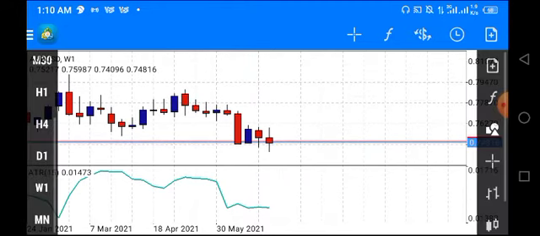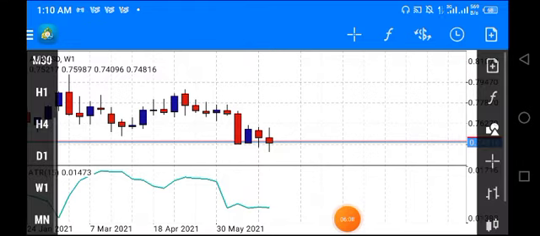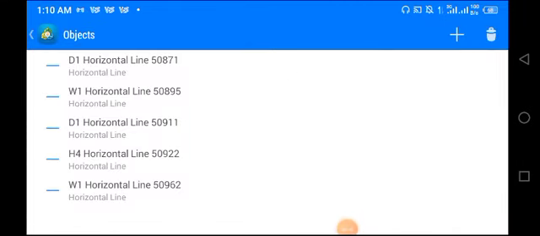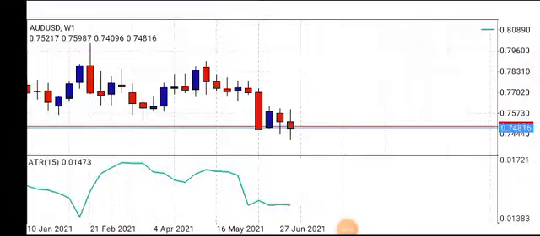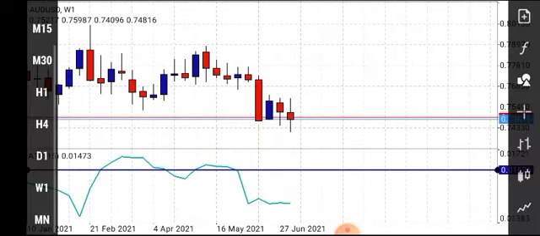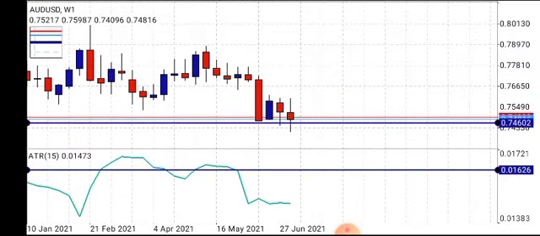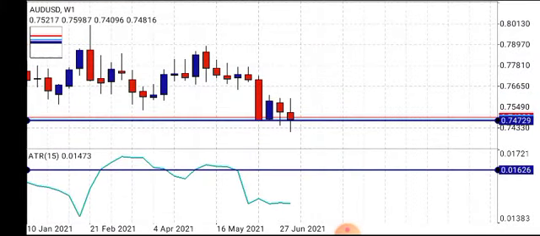Okay, here on the weekly, you can see we have support here. This is a support, and the market just tested that level and closed above that support level.